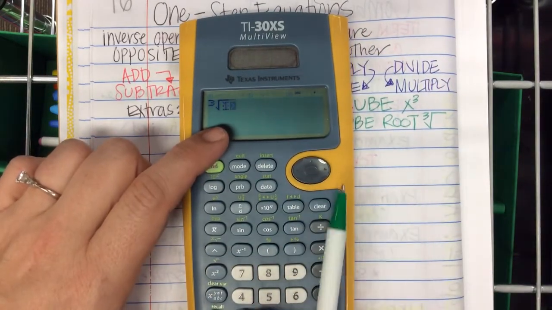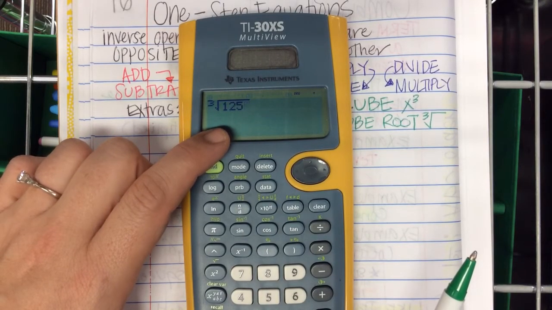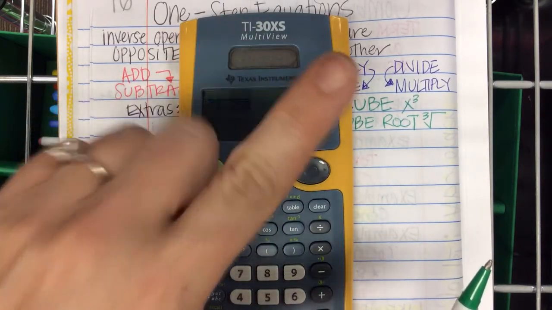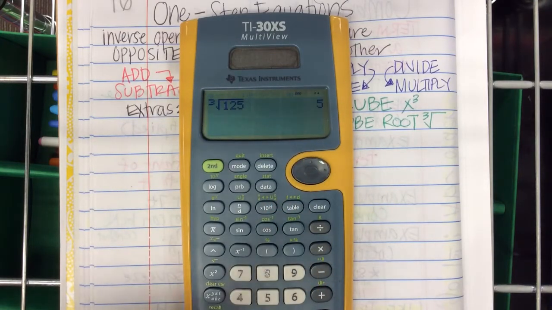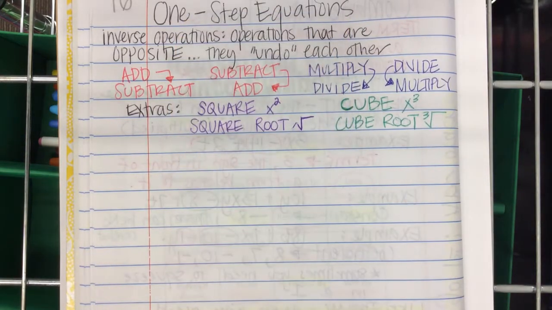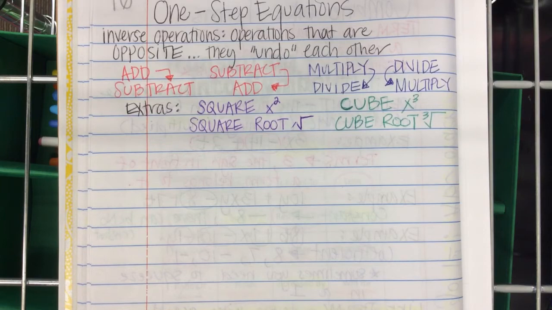The cube root of 125 means what times itself times itself 3 times. 5 times 5 times 5 is 125. You won't use these very often, but you need to have that list just in case.